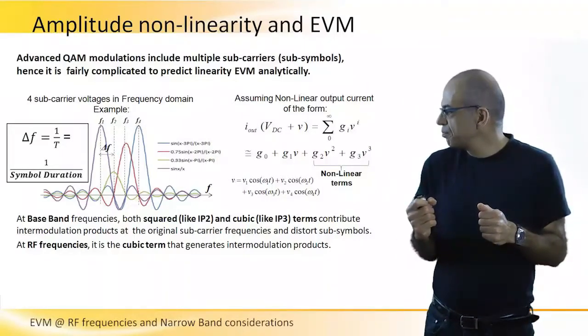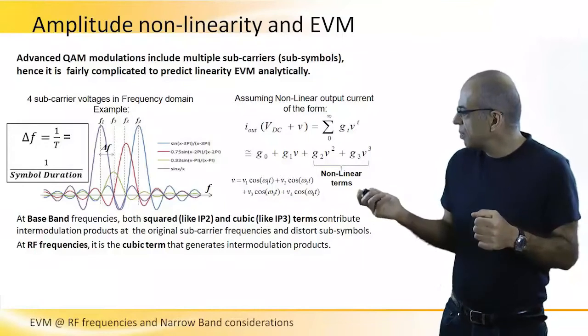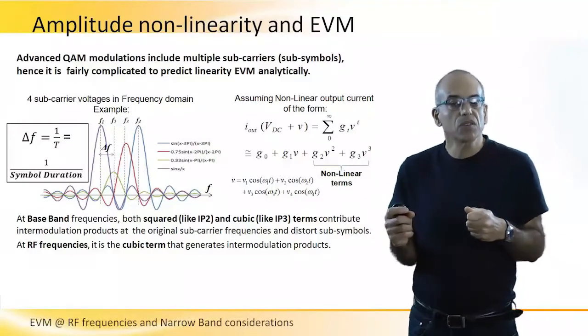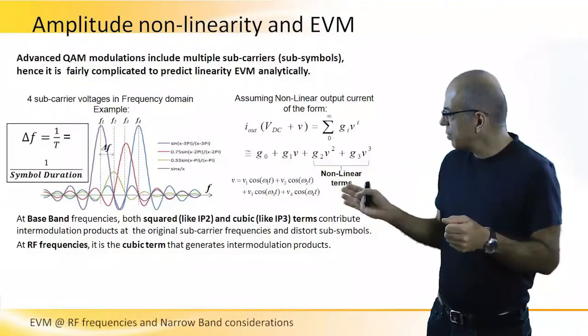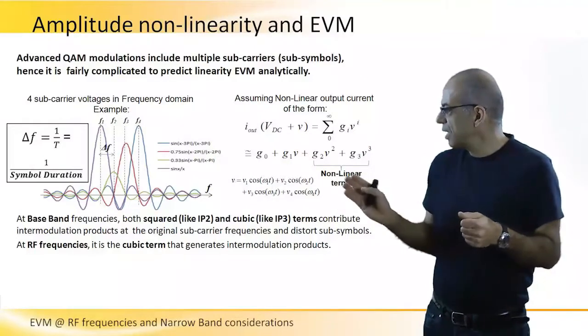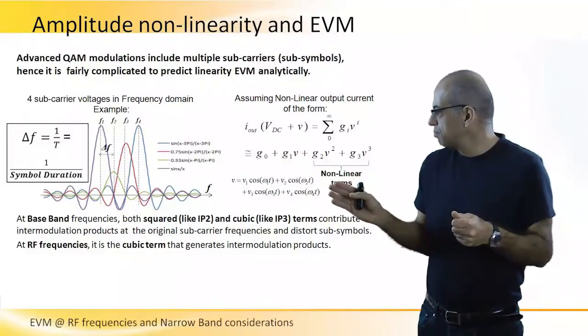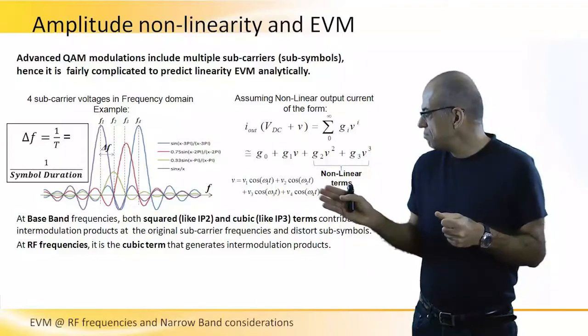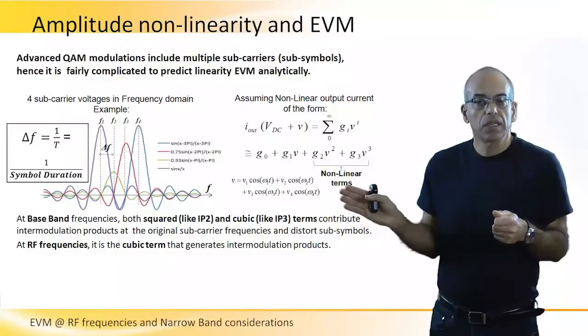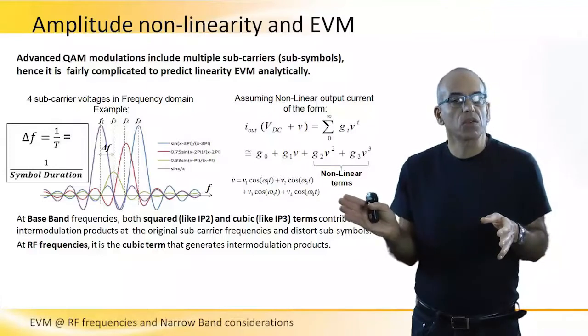We can look at an example of 4 subcarriers that are very nicely spaced, so they are orthogonal, and we can assume that they don't impair each other because they are orthogonal.